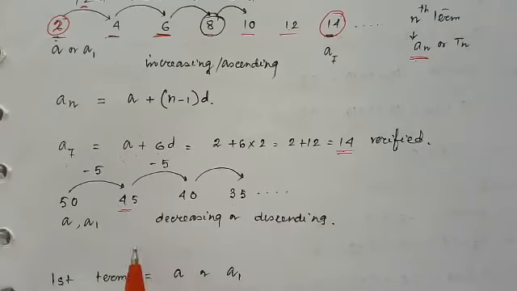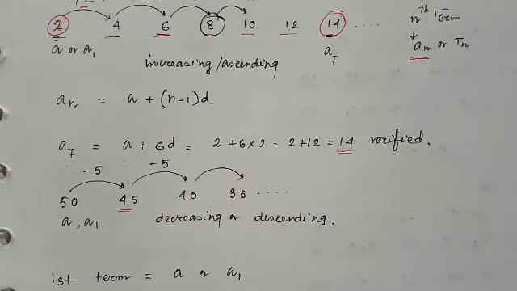Now for the AP, if we get the successive terms by subtracting a common number, then it is called a decreasing or descending series, and the constant number that we are subtracting is called the common difference.